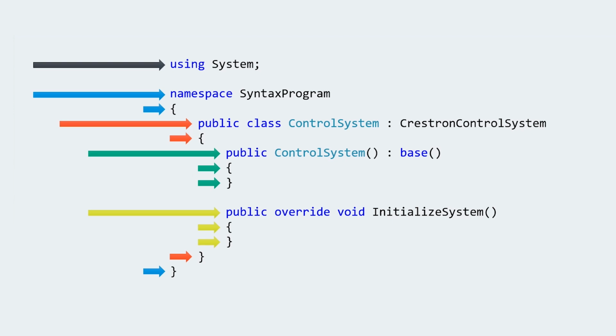Using System is a statement that requires a semicolon to terminate that statement. All other items currently on the screen have open and close curly braces to contain their information. The public ControlSystem and public override void InitializeSystem are both methods, and they require parentheses and an end to denote that they are methods.